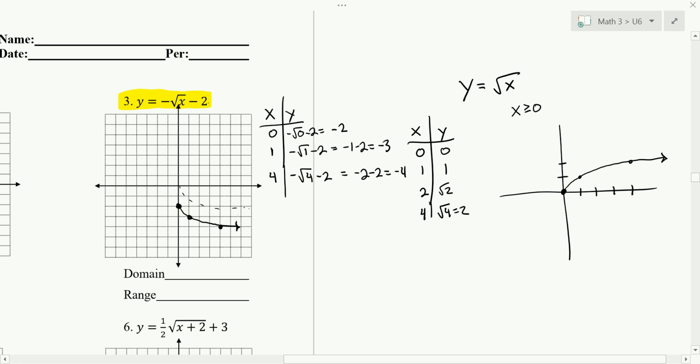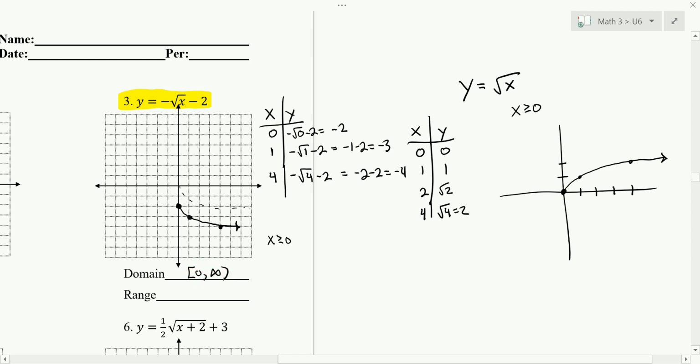For our domain, we can't take the square root of a negative, and so what's underneath the square root is x, and that needs to be greater than or equal to 0. And that's what we see in our graph. And so our domain is everything starting at 0 all the way to the right to infinity.